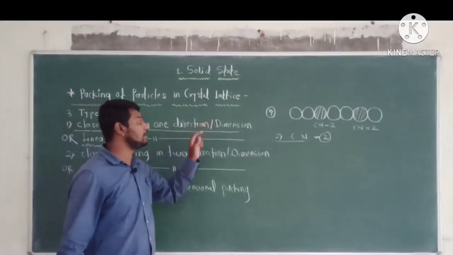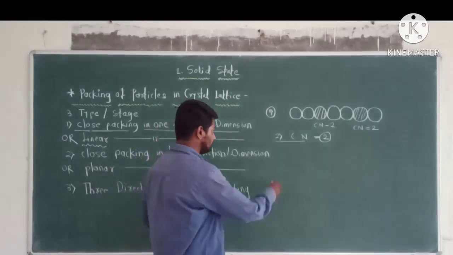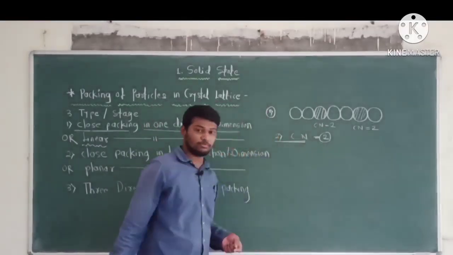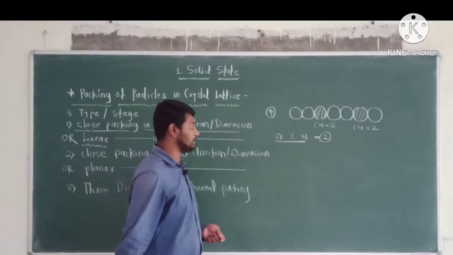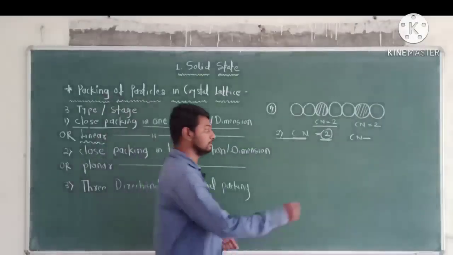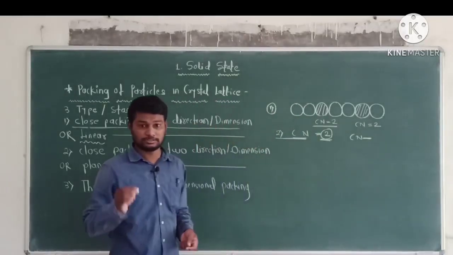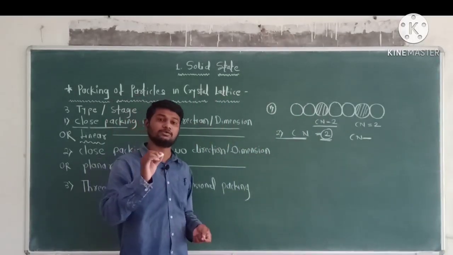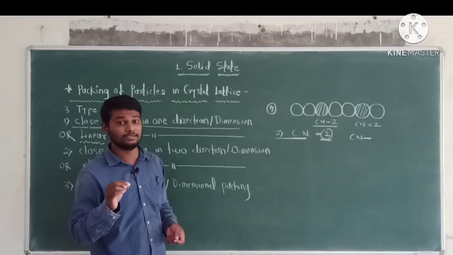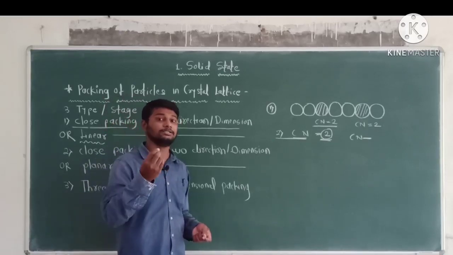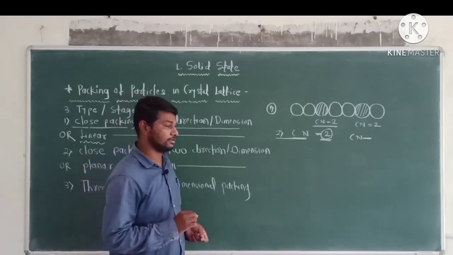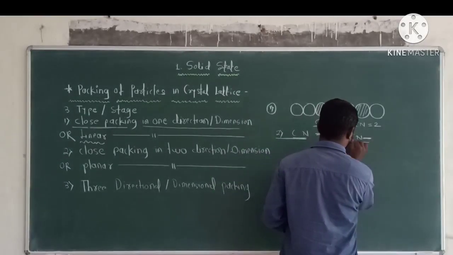In this packing, the coordination number of each constituent particle is 2, and the coordination number is the number of other constituent particles that a single constituent particle is in contact with or surrounded by.